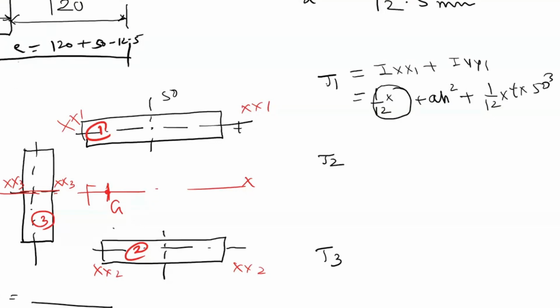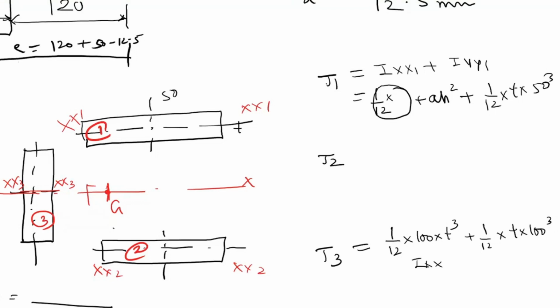Yes, sir. Okay, J2 is also equal to J1, so you can multiply. And what is J3 now? J3 is for this vertical weld. So for the vertical weld, I can write again 1 by 12 into, see, the vertical distance is how much? 100 into the horizontal distance t cube, plus 1 by 12 into t into 100 cube.